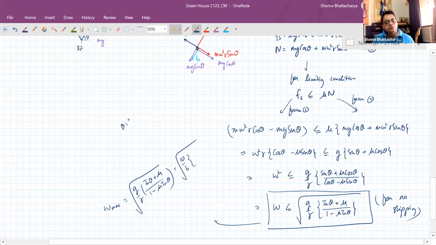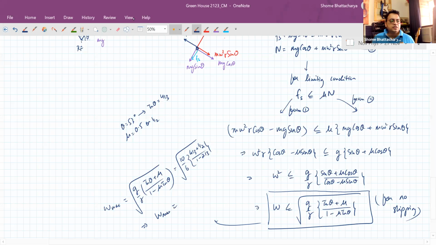Now theta, remember, was 53 degrees and mu was 0.5. So tan theta is 4 by 3. From this we can get omega maximum in radians per second.